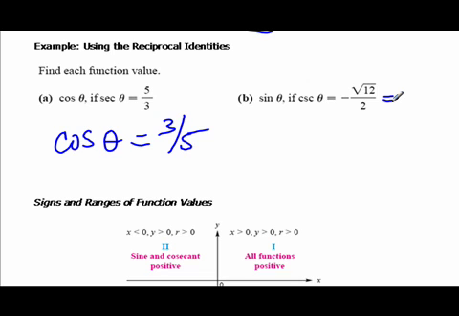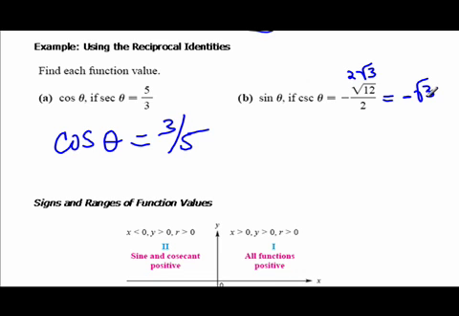Well, root 12 is 2 root 3, right? And our 2's would cancel out. So what he's technically giving me is negative root 3. That's it. We're being told that the cosecant of this angle is negative root 3.